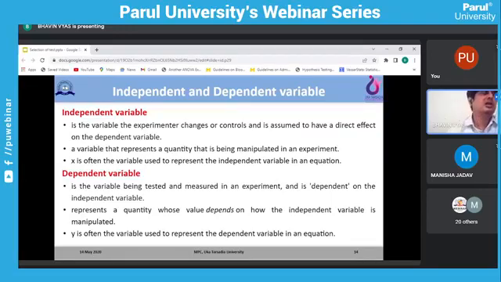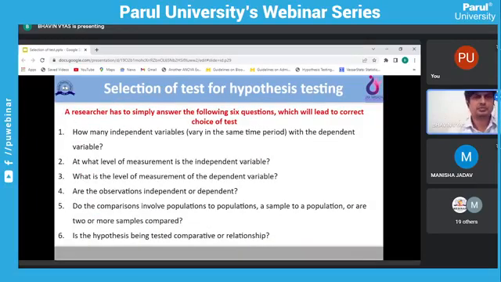And generally, in an equation, y represents your dependent variable.